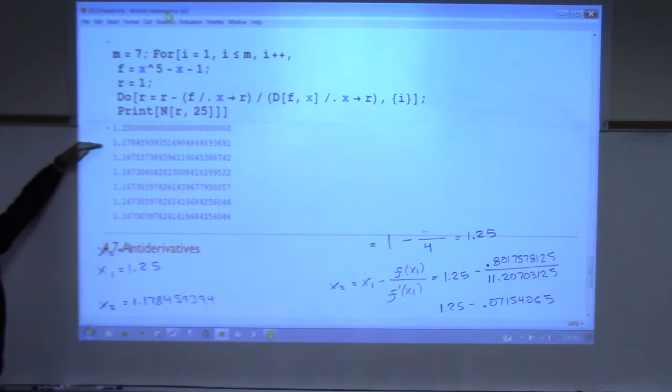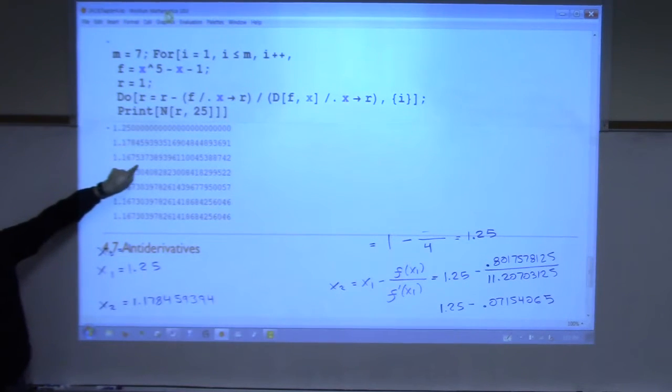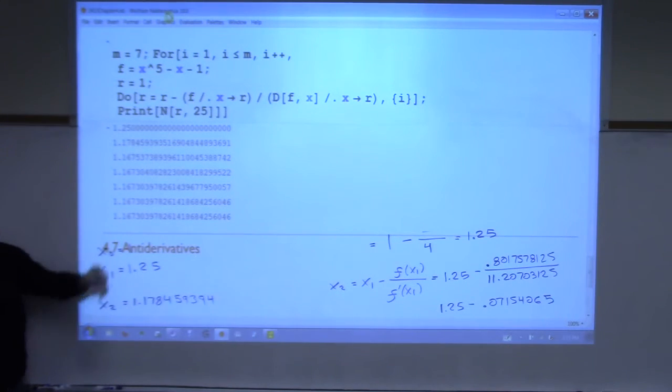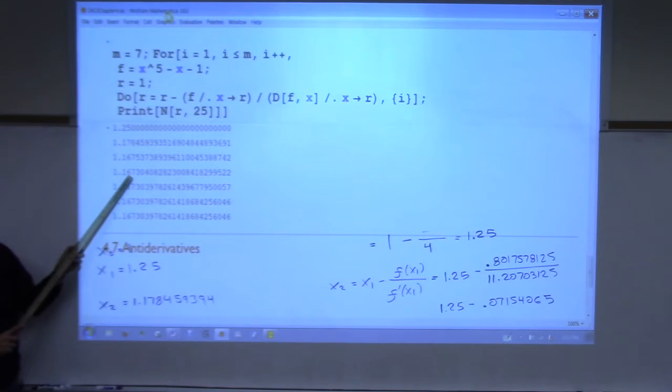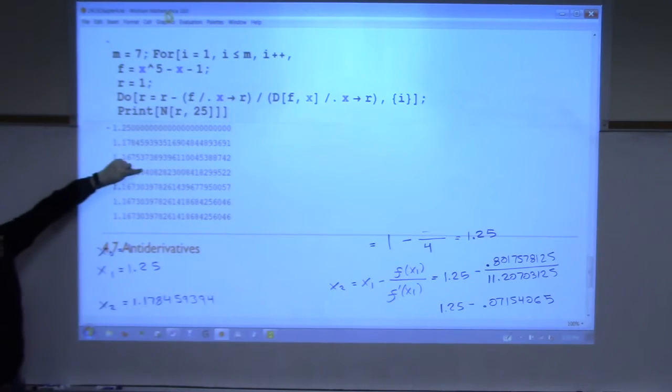Now watch what happens. You come down, now it's changed to 1.675, right? Then what about the next one? 1.673. So the first 3 decimals have not changed, right? Then 1.673 again, and the 0, that's repeating after a while.